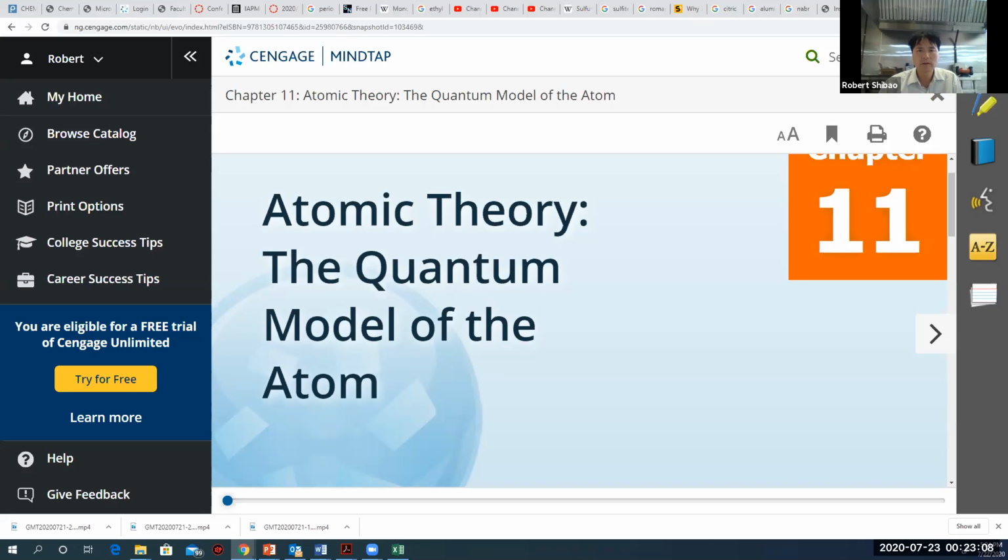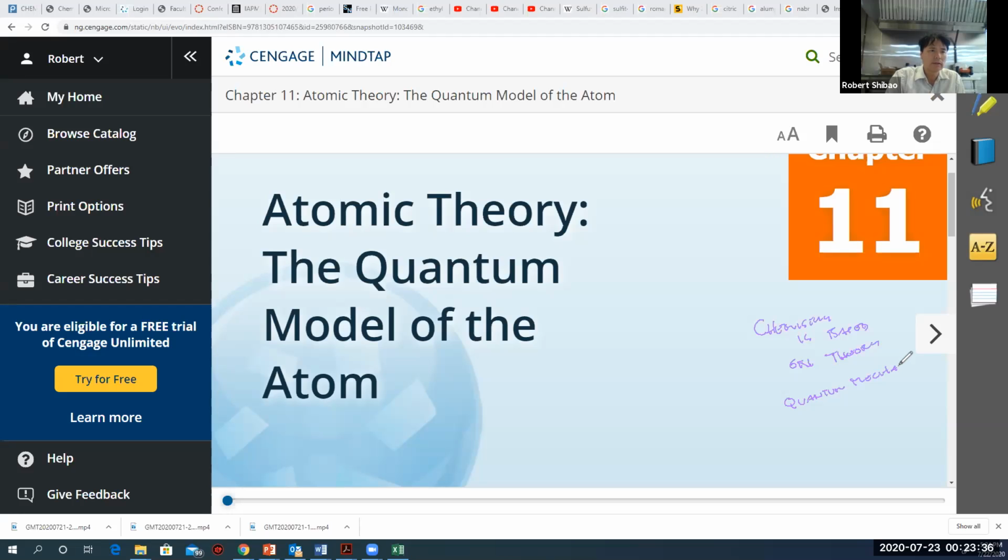In other words, chemistry is based on theory. And what theory is it? Well, the theory is quantum mechanics.